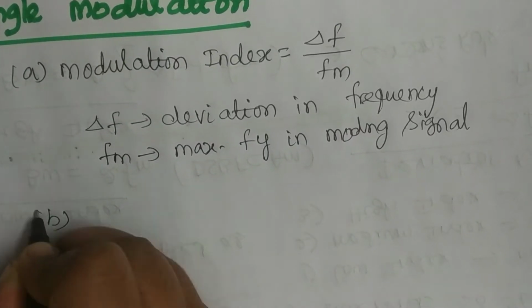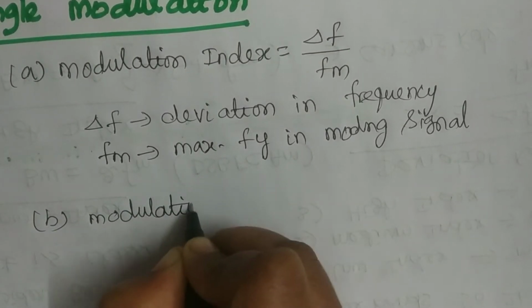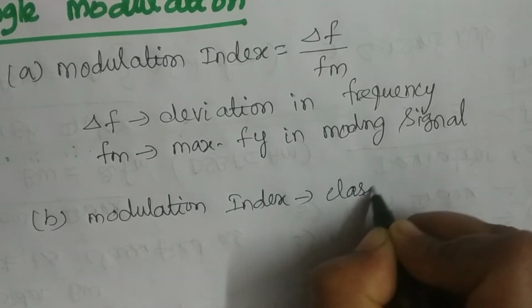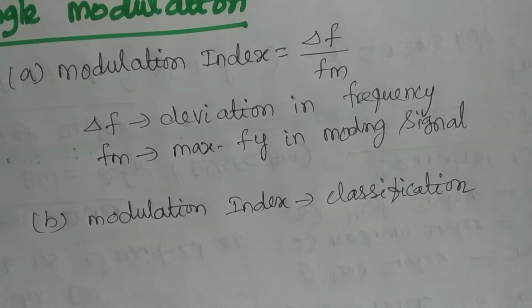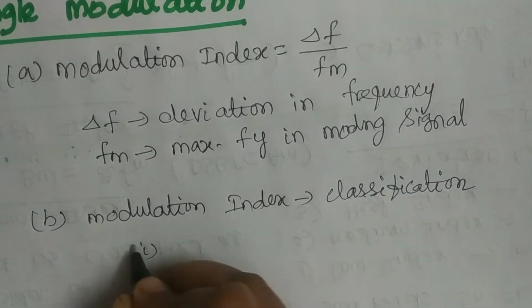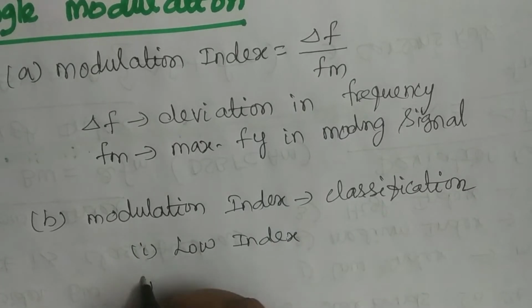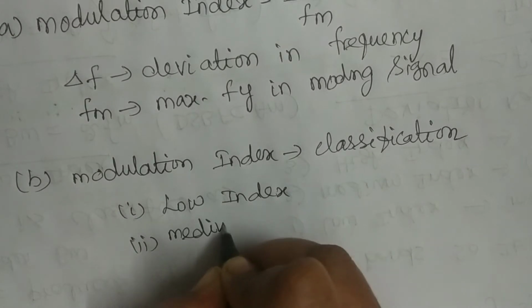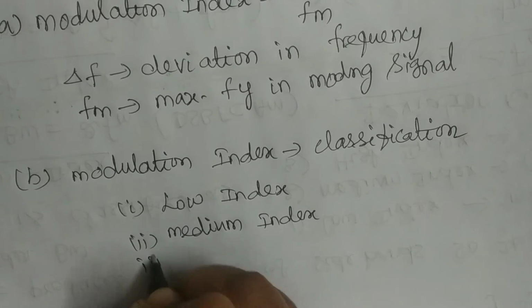So here the modulation index is classified into three categories: low index, medium index, and high index.